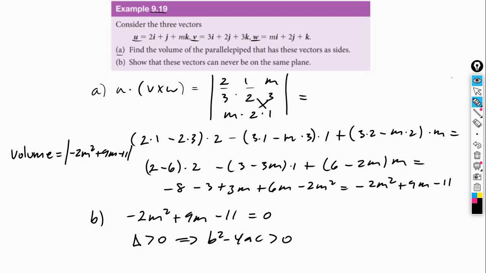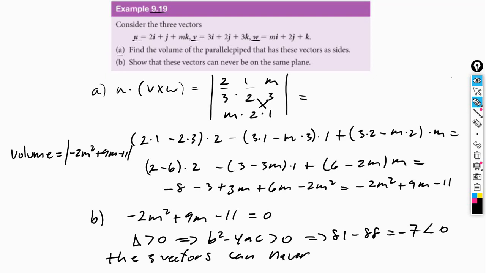But notice that this is going to give us 81 minus 88. And this is obviously equal to negative 7, which is less than 0. Therefore, we can say that the three vectors can never be coplanar.